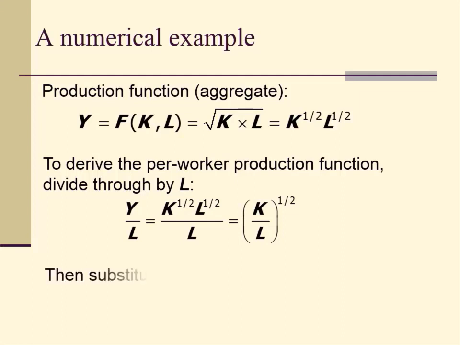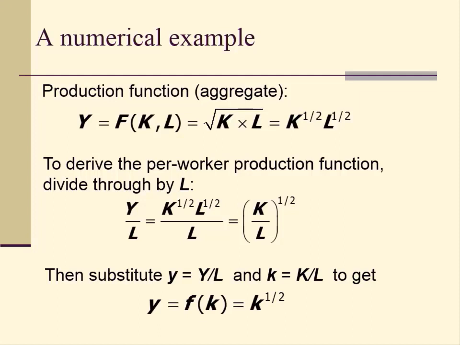And then you can substitute lowercase y and lowercase k for Y over L and K over L to get lowercase y, now expressed as a function of lowercase k, f of k, equals lowercase k to the 1/2 power.